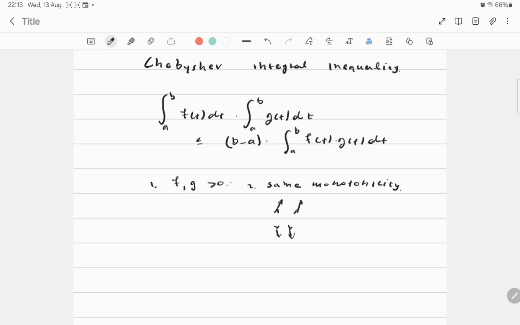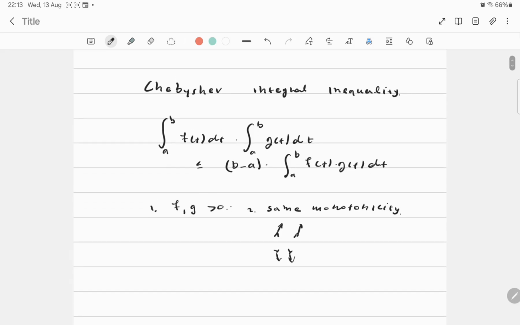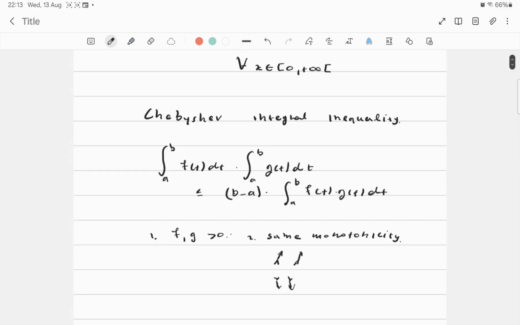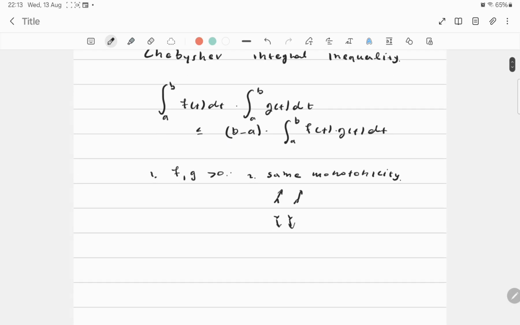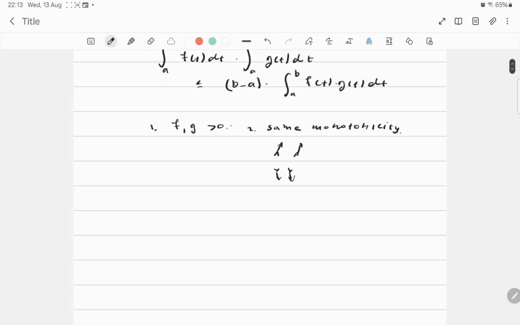They should have the same monotonicity for this inequality to hold. Otherwise, the inequality is reversed. It's going to be this bigger than that. But let's start with that one.